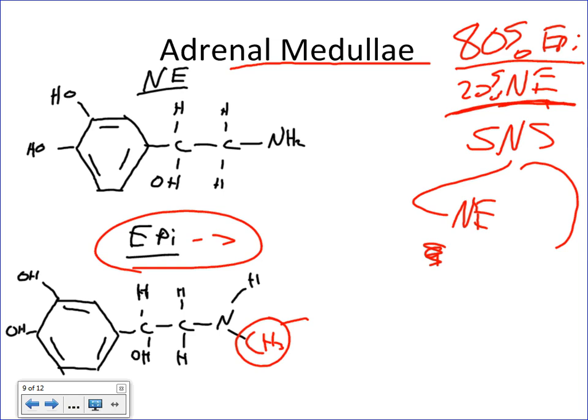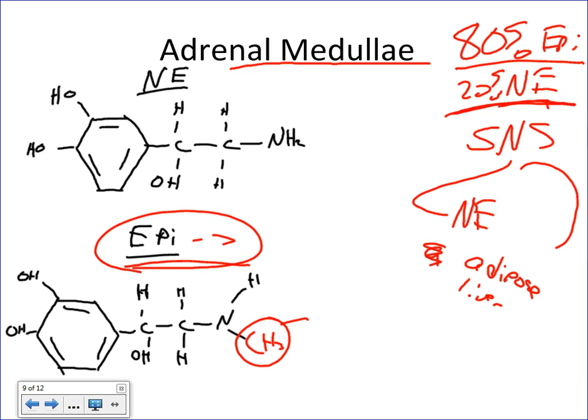Think about your metabolism here. Your metabolism is regulated by practically all cells of the body. So think about those adipose cells, fat cells, and so on, some of your liver cells. There are some effects that epinephrine will stimulate at these areas that norepinephrine can't.